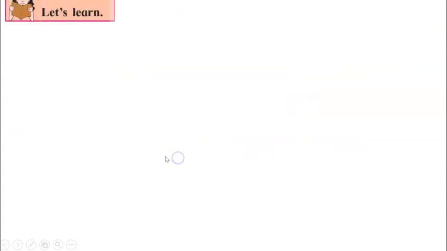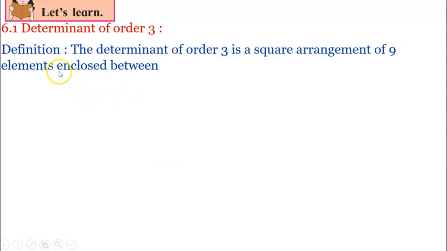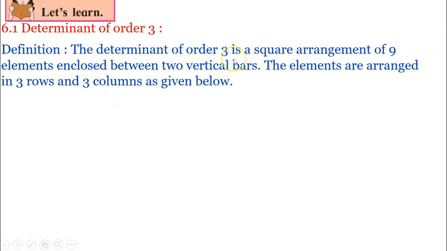Okay. Now let's learn determinant of order 3. Definition: the determinant of order 3 is a square arrangement of 9 elements enclosed between two vertical bars. The elements are arranged in 3 rows and 3 columns as given below.